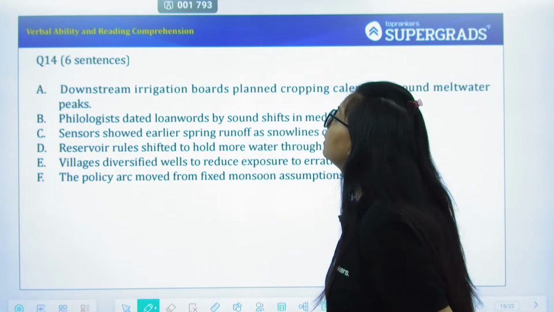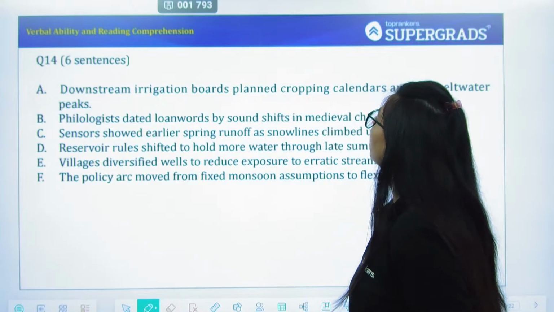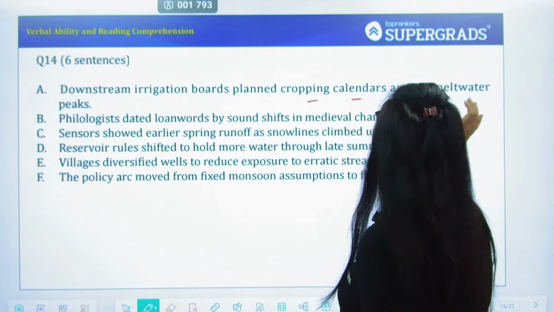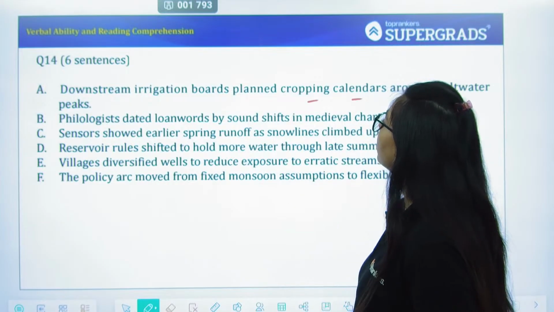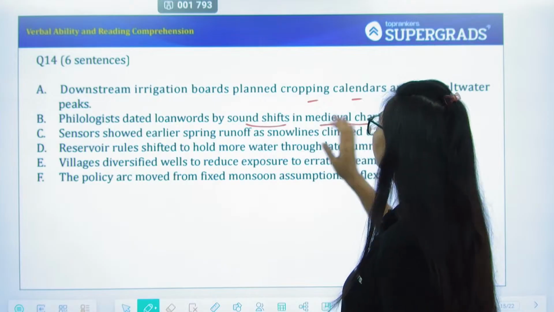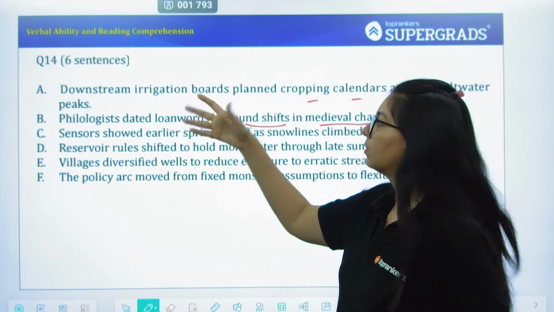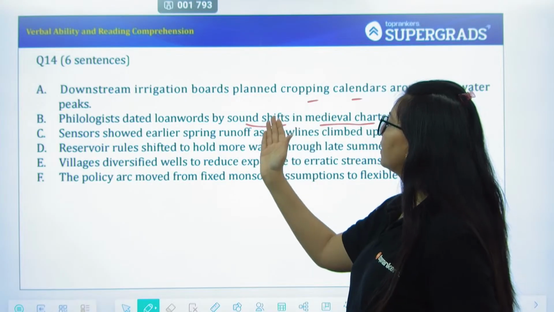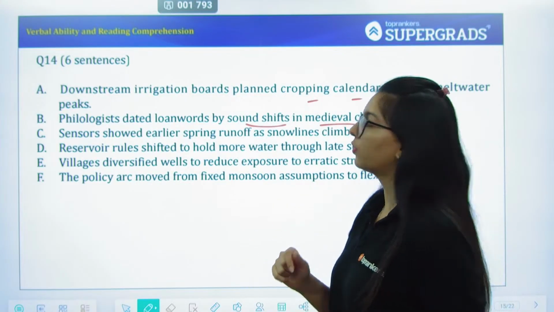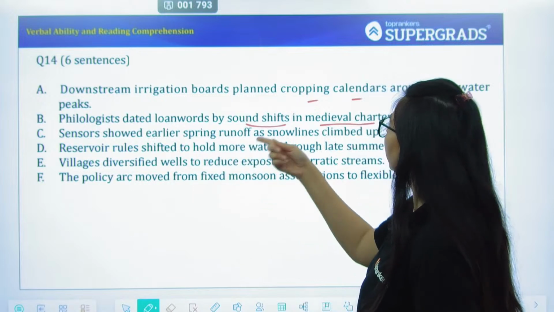Okay, let's see. Downstream irrigation boards planned cropping calendars around meltwater peaks. Philologists dated loan words by sound shifts in medieval languages. Okay, we know either of these has to be the odd sentence. Why? Because one is about planned cropping, while this is about sound shift. So we'll have to see which of the following. Sensors showed earlier spring runoff as snow lines rose.